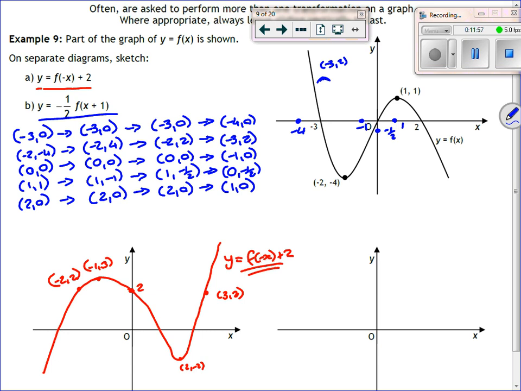Okay, so let me just put my little minimum arc in there to remind me. So that's a graph that's going to look something like this.